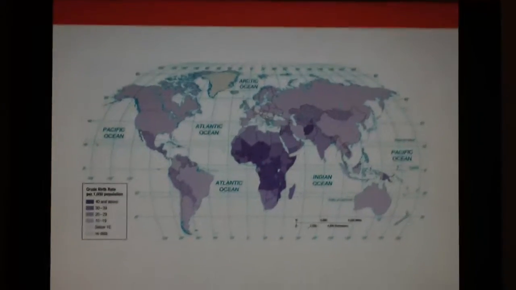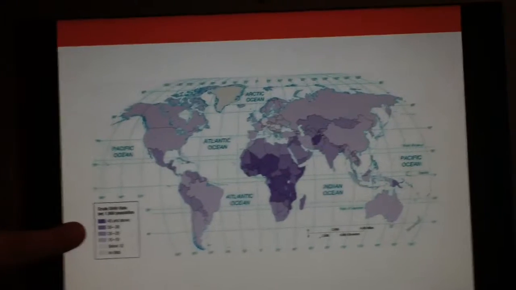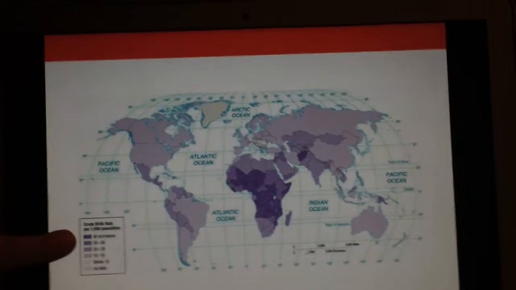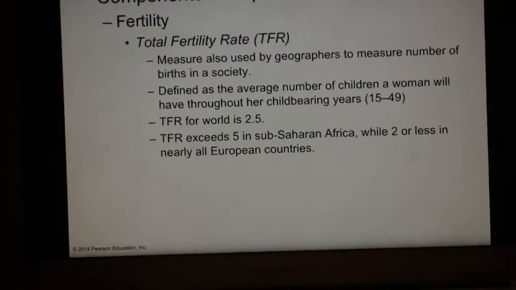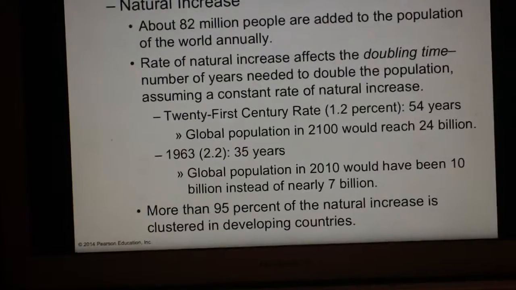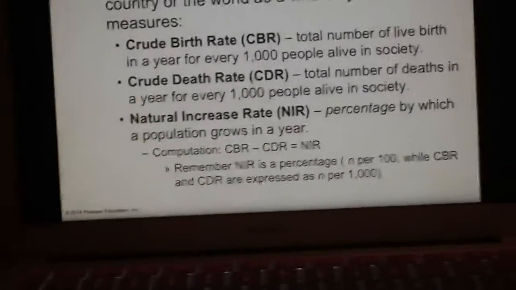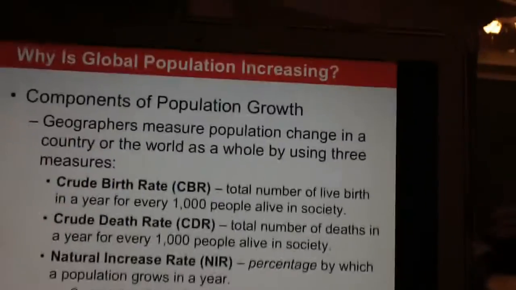So this map shows us the crude birth rate per 1,000. And again, the darker the color, the higher the crude birth rate. And remember, our crude birth rate is the total number of live births in a year for every 1,000 people in this society.